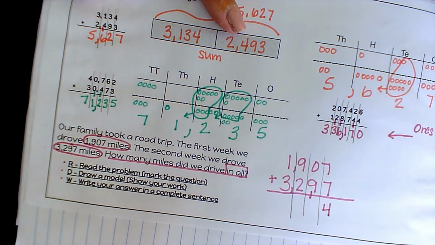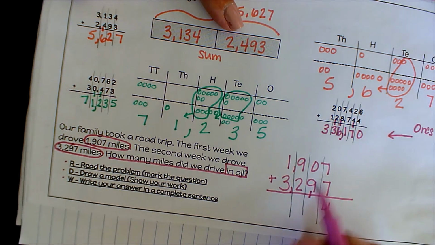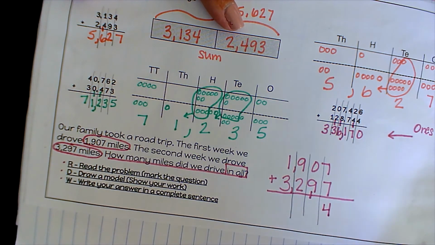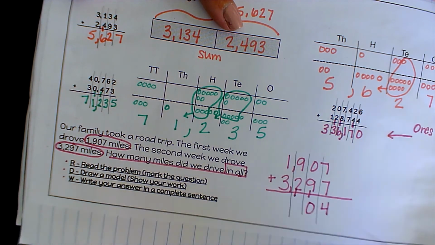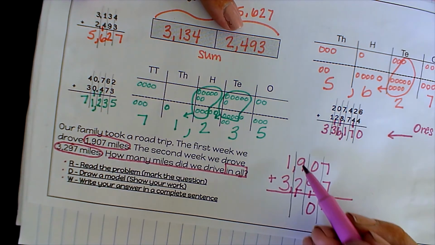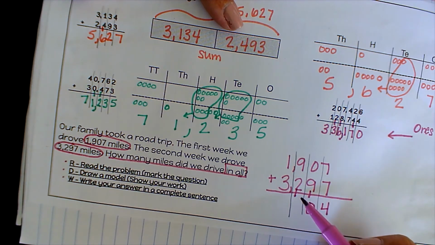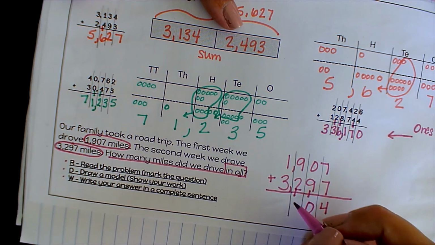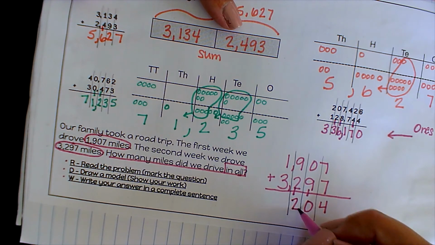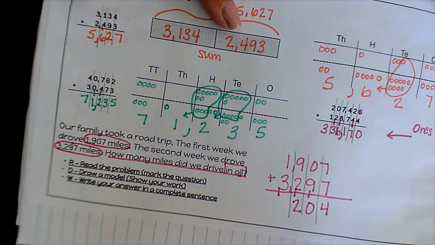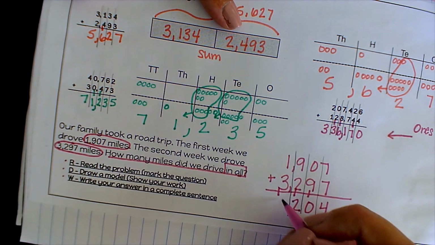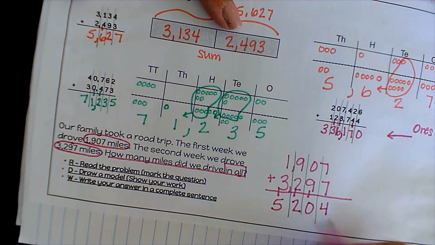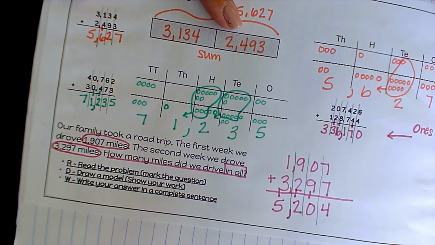My 1 gets regrouped. Now I have 0 plus 9 plus 1 is 10. 0 stays behind. 1 gets regrouped. 9 plus 2 plus 1 is 12. You were right. Now I have 1 plus 3 plus 1 is 5. I'll make sure I have my comma.